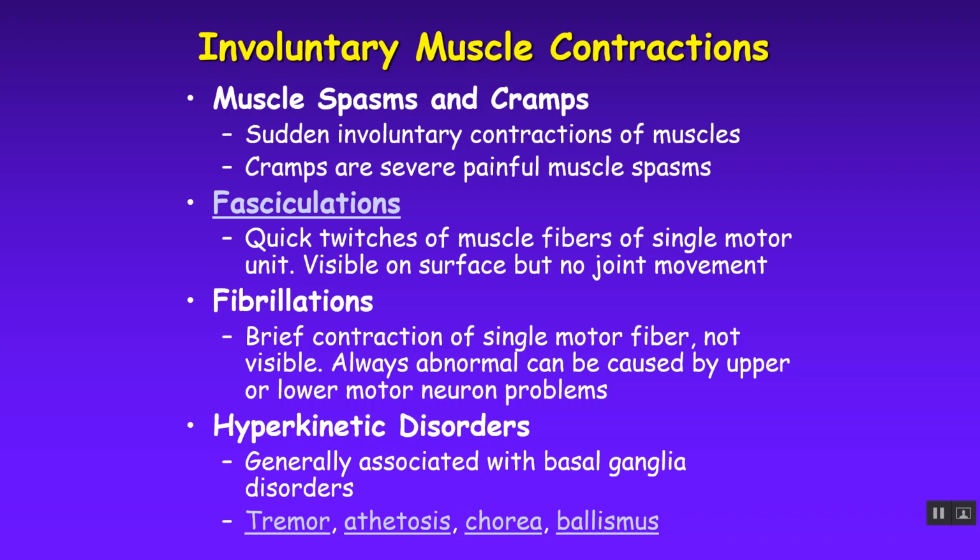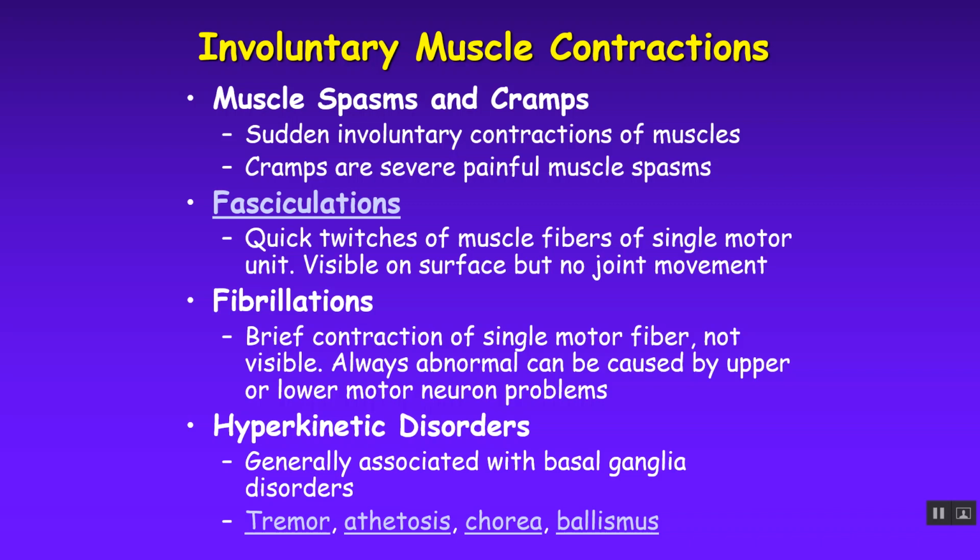So there's a class called hyperkinetic disorders. If you damage certain regions of your basal ganglia, it leads to too much movement, even potentially at rest, or even during voluntary movement. You can have excessive movement during those voluntary movements that is abnormal because you've released your motor system from some controls of the basal ganglia that keep it regulated at a normal level, and it gets hyperactive.